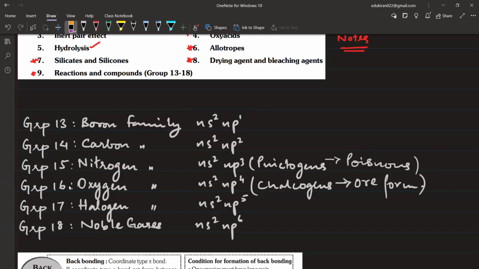Now all of these elements can show variable oxidation state. They can show oxidation state using this one electron of p, or they can use both of these electrons from s and p. So for example, if I talk about group 13, तो group 13 में दो valencies हो सकते हैं, +3 and +1. Both are possible. If only p is giving electron, that means it will be +1. If s and p both are giving electron, that means it is going to be +3. We'll talk about which is more stable where, but these are the general ideas that you should have, the variable oxidation state also. Please write this down.